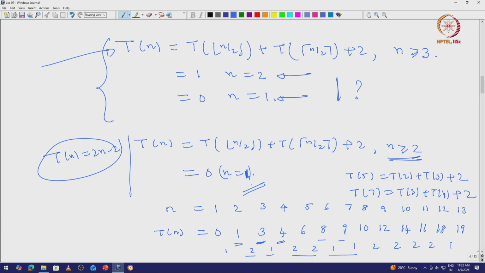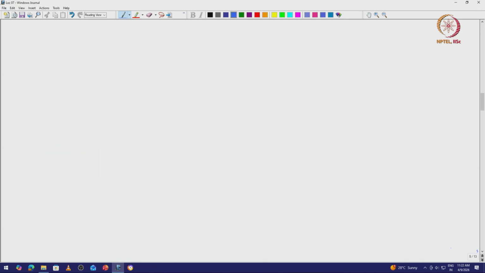So when you add all the differences, that is what we get as T. So for example, the differences are to be added to get T of n. T of n minus T of n minus 1 is D of n. T of n minus 1 minus T of n minus 2 is D of n minus 1.